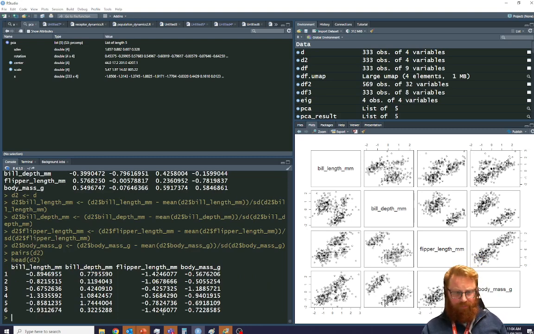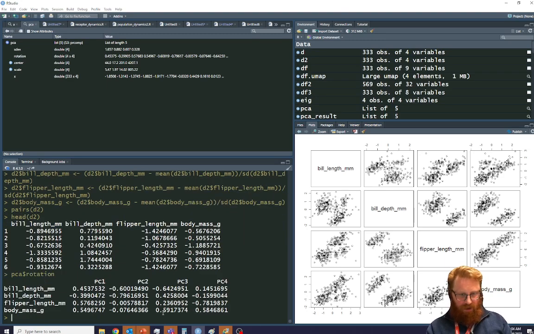All right. Now, our goal here is to do the PCA projection manually, but it's not going to be that hard. So we're going to go PCA dollar rotation, and let's see how it works. If we want to project our data onto PC1, we get that loading, the bill length loading times the bill length.